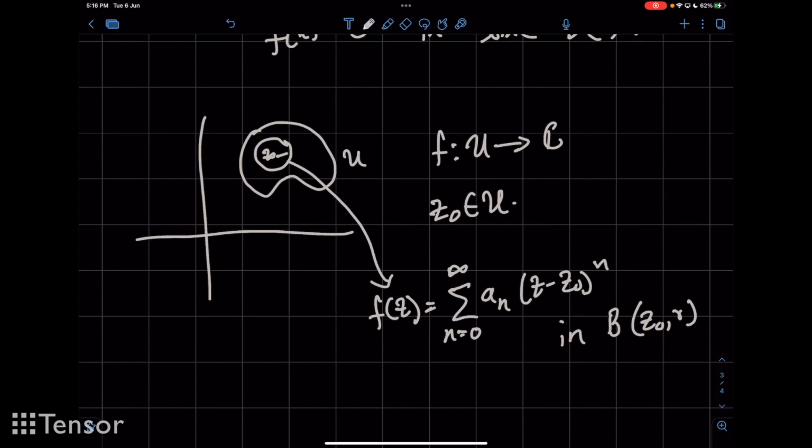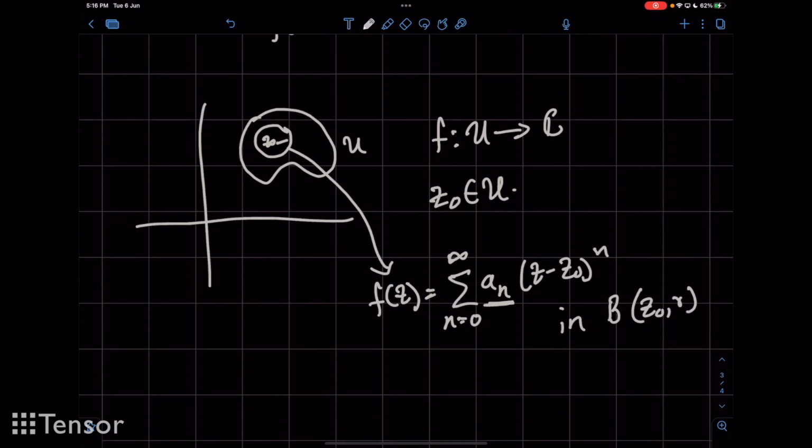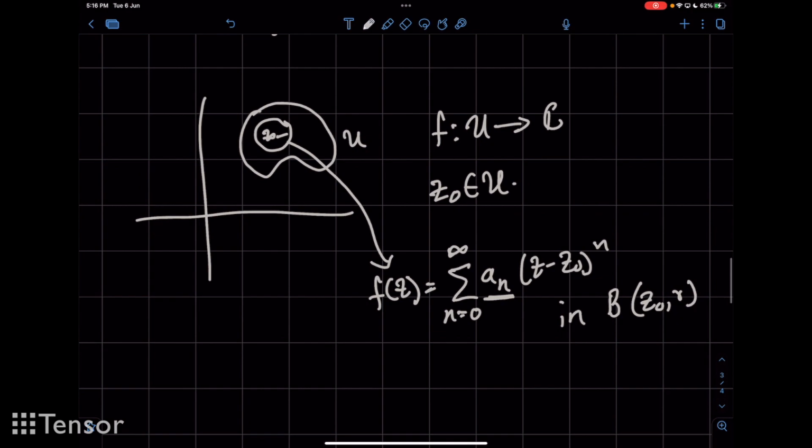The coefficients of the power series are as expected. That is, a sub n is the value of the nth derivative of f at z naught divided by n factorial.